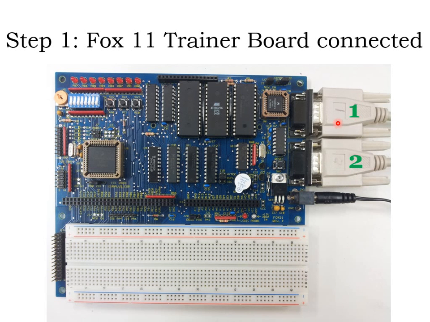Number 1 most likely goes here, number 2 most likely goes here. In some PCs that's reversed, so if it doesn't work, then we flip it. But in general, number 1 should go here, number 2 should go here. And this is where we connect the power, so these are the three things that will be connecting.